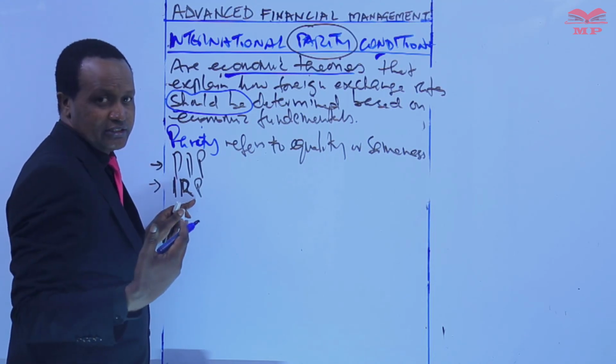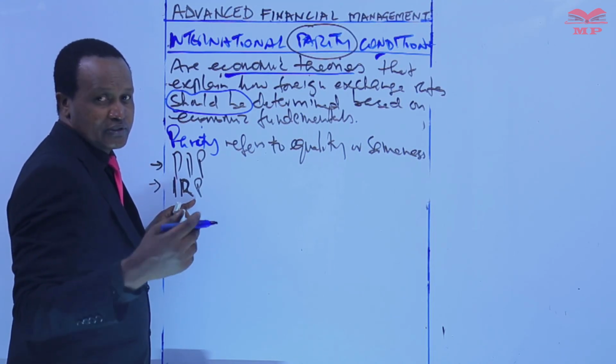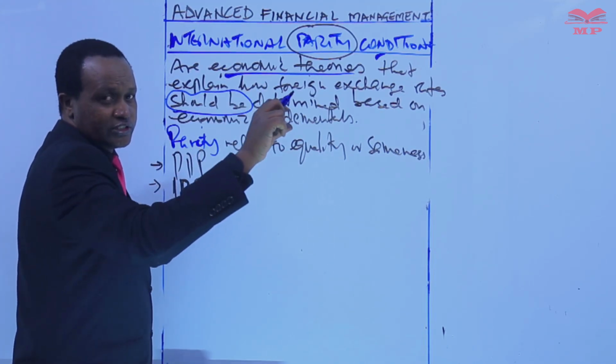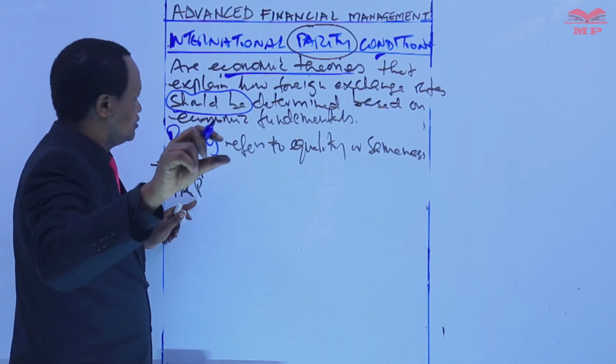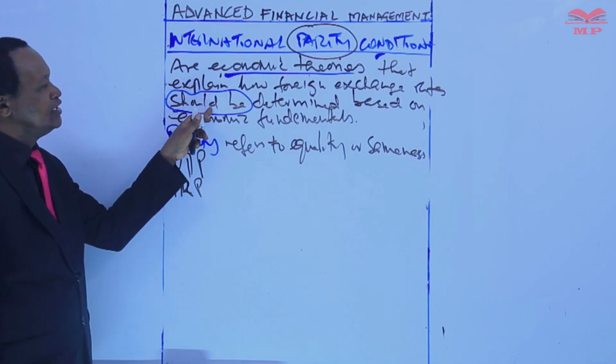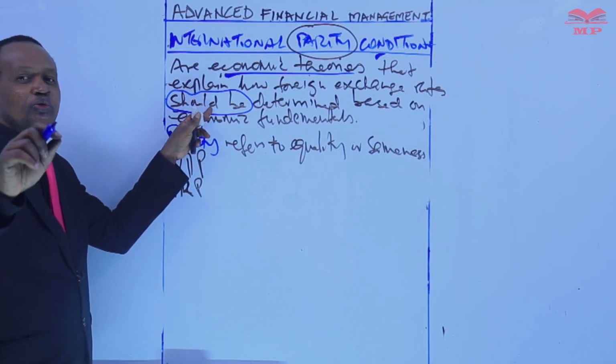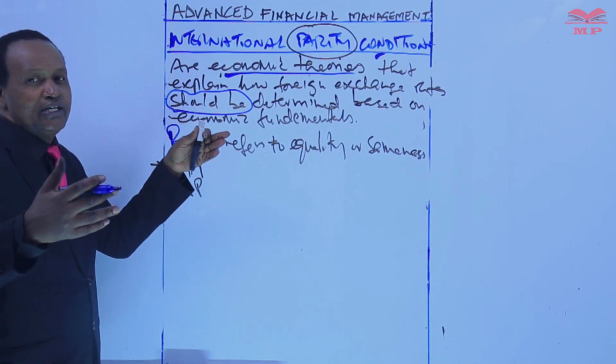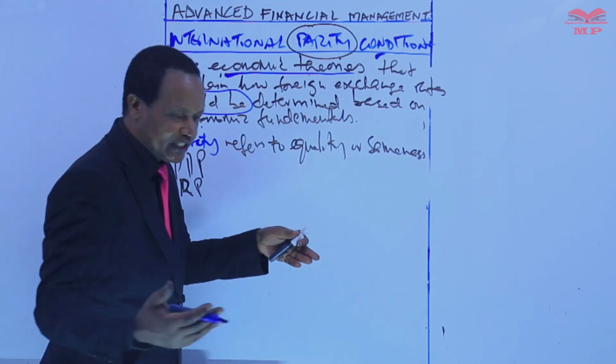So the interest rate parity tells us that this theory, the differences in interest rates between countries should be equal to the expected change in the exchange rates.